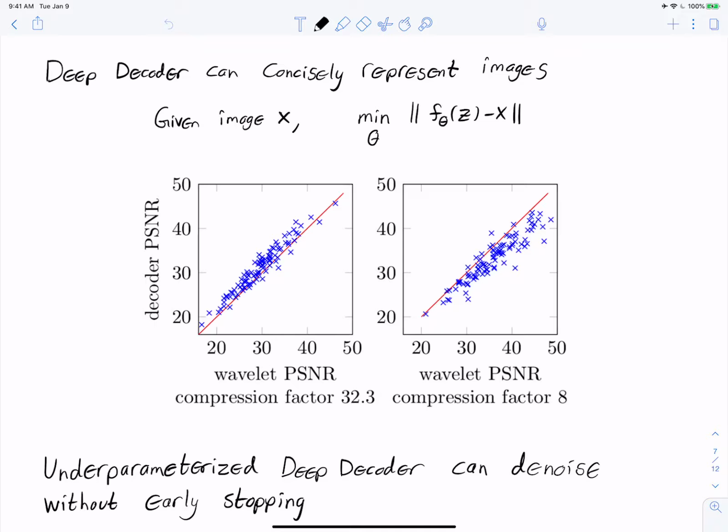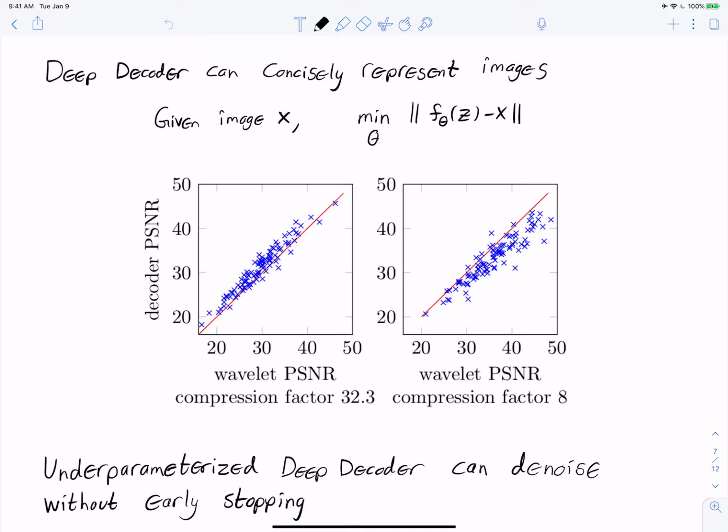So what we see is that under high compression factors, most of the ImageNet images have higher PSNRs under the deep decoder that has an equal number of degrees of freedom as the wavelet representation. And this held in the case of high compression factors.